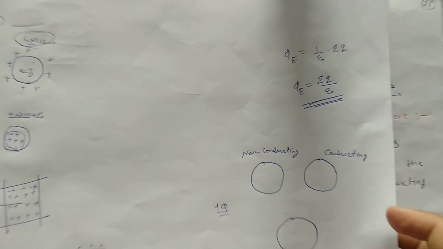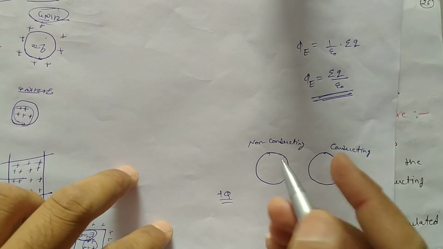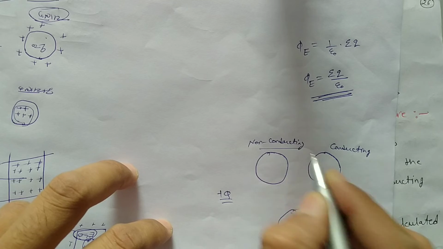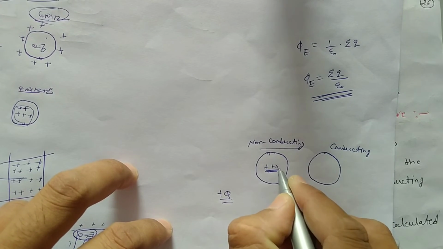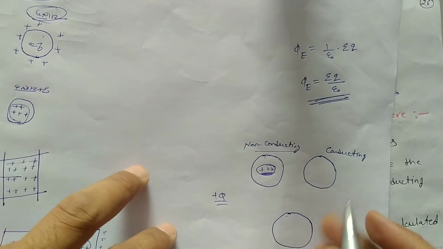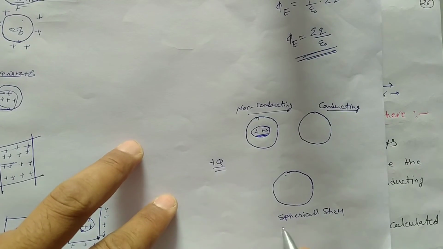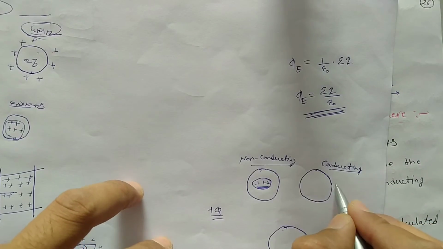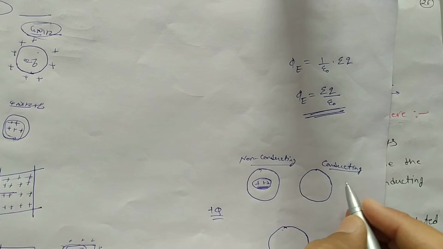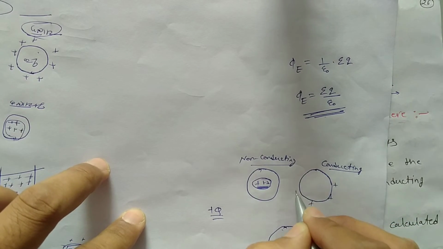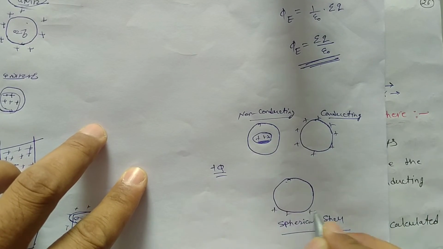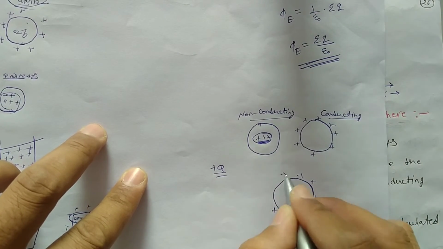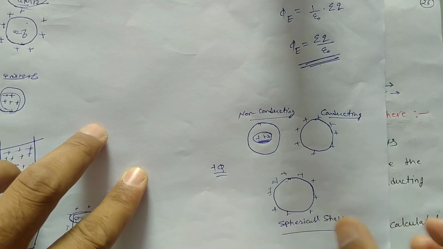Then if we give charge to this non-conducting sphere at this point, then this charge stays here. But for this conducting sphere and spherical cell, charge is distributed on the surface of the conducting sphere and the surface of the spherical cell.